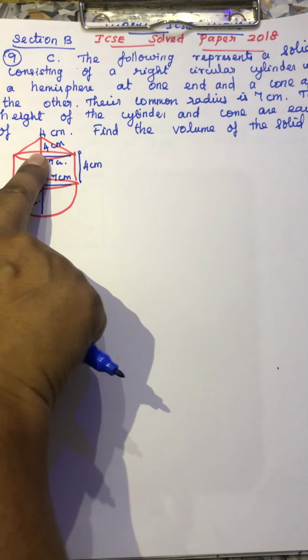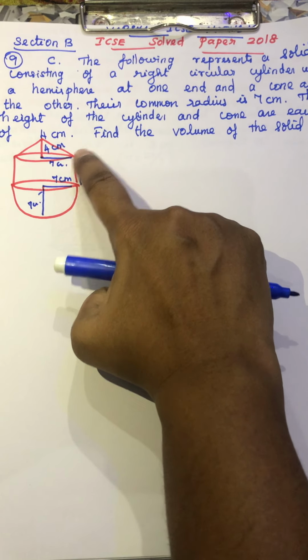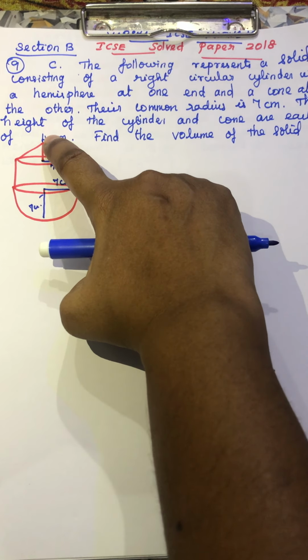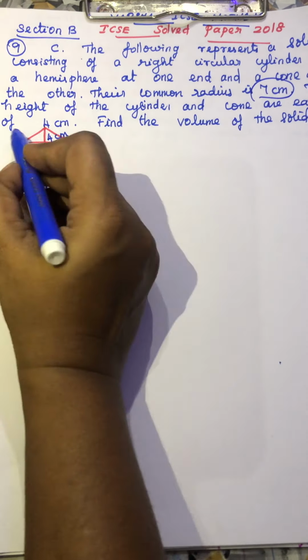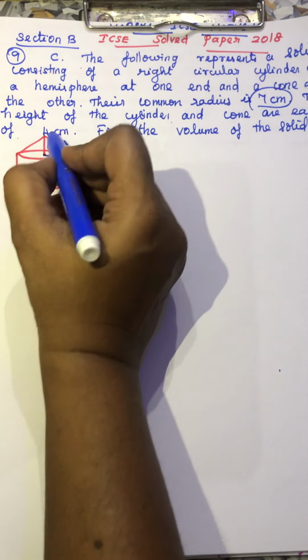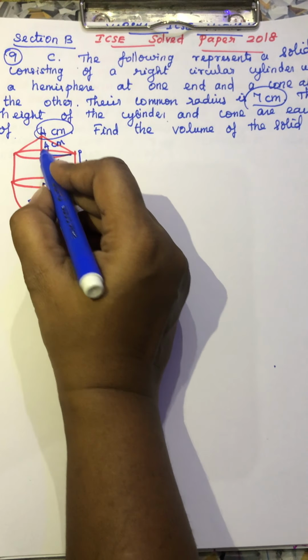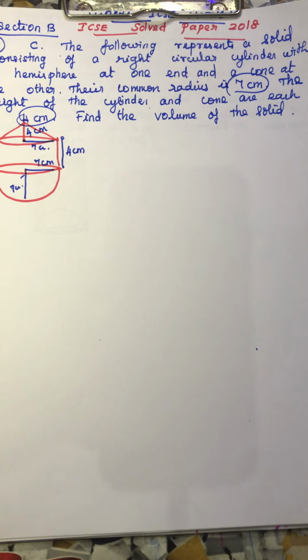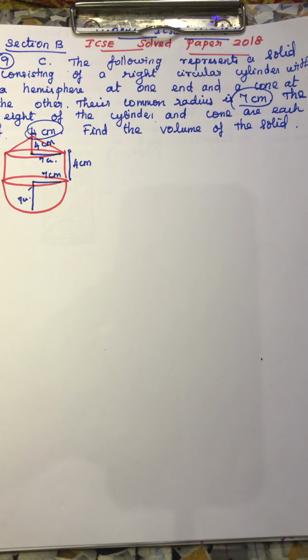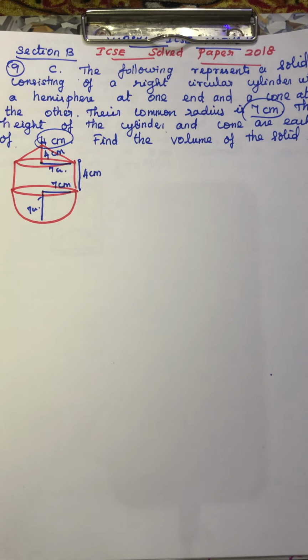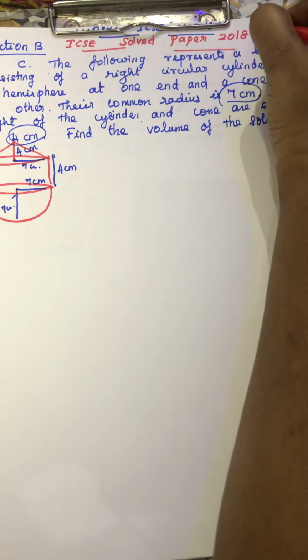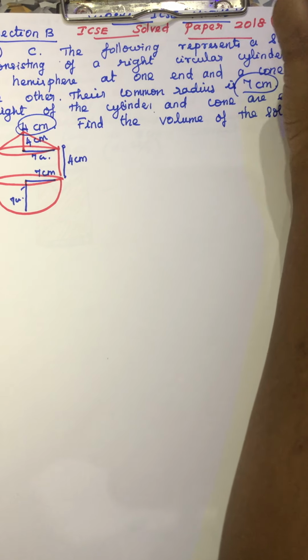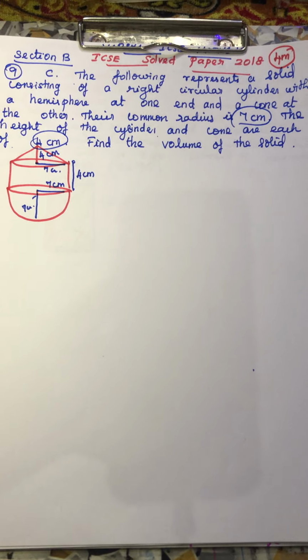The height of the cylinder is given as 4, and the height of the cone is also 4. So their common radius is 7 and the height of the cylinder and cone is 4 each. Find the volume of the solid. Very simple sum. This sum carries 4 marks.